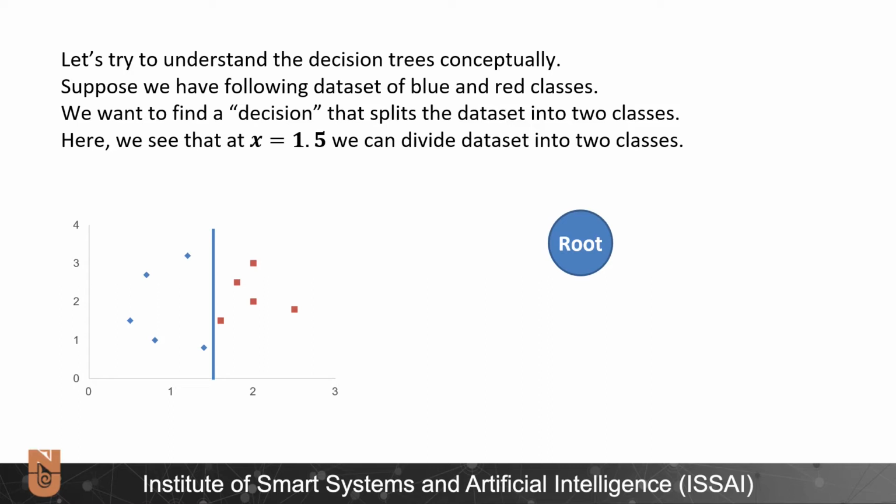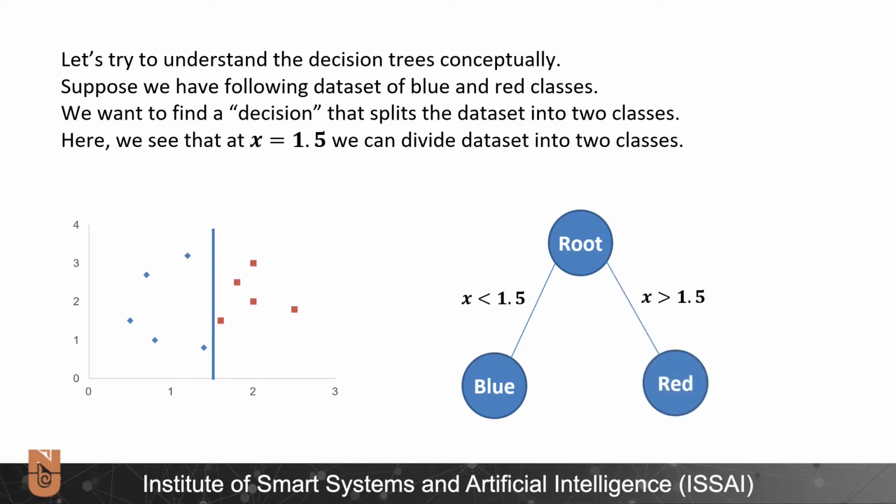If we split the data at x equal to 1.5 and take the part that is less than 1.5, we'll have the blue classes. And if we take the part that is greater than 1.5, we'll have the red classes.